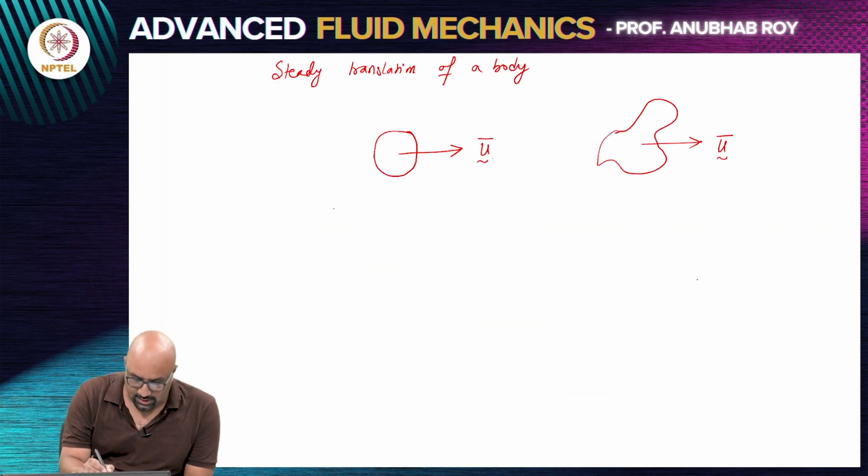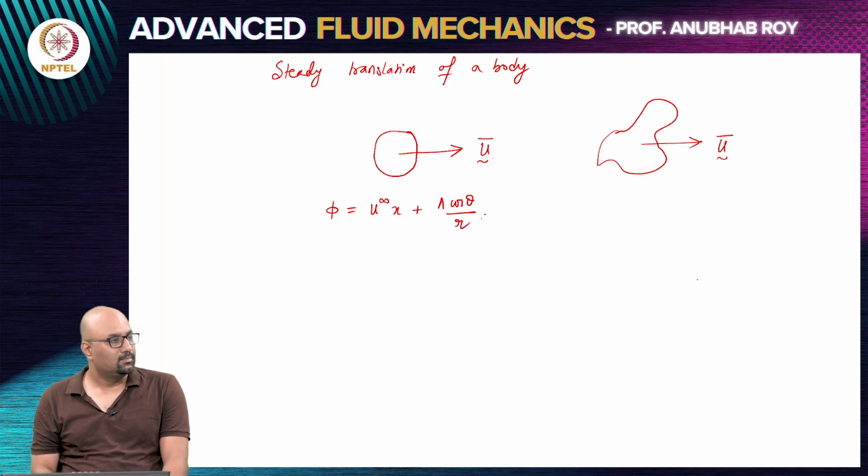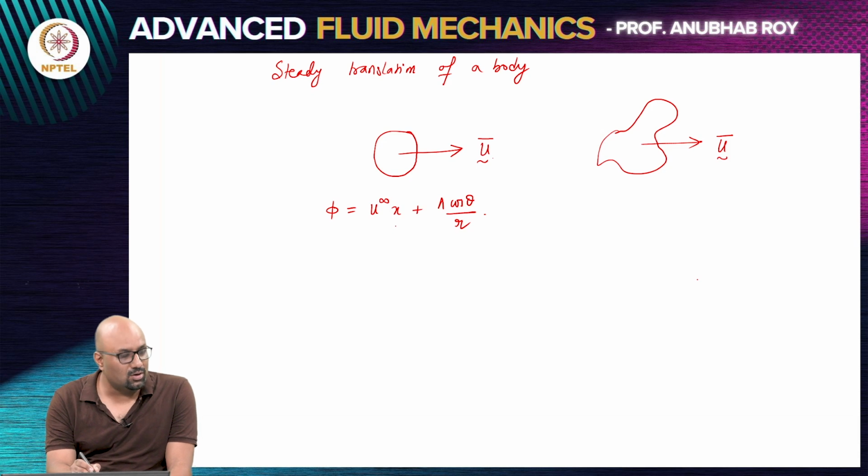So for the circular cylinder, the velocity potential that we had was u infinity x plus lambda cosine theta by r. This was the velocity potential that was due to a stationary cylinder. If the cylinder was stationary, then this is applicable and you apply a boundary condition that u r is equal to 0 at r equals a.